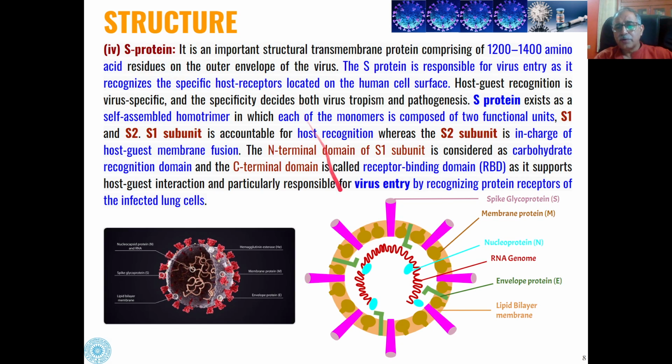Then is the S protein or spike protein. Spike protein is an important structural transmembrane protein, and the number of amino acids present is very high, of the order of 1200 to 1400 amino acid residues.